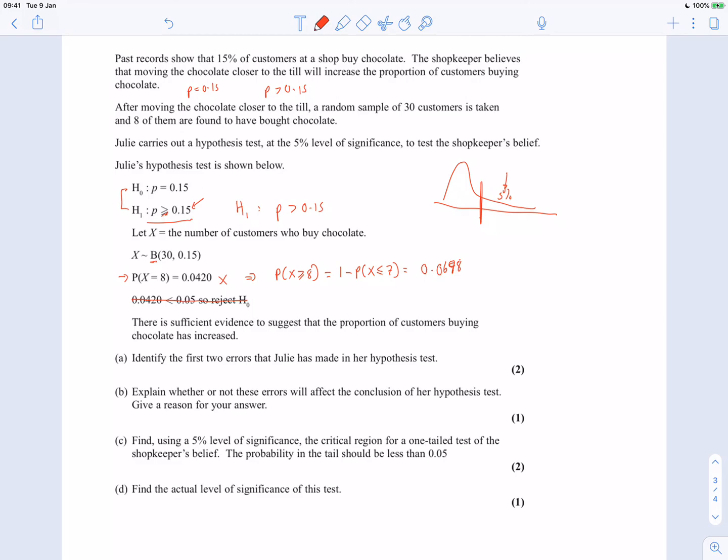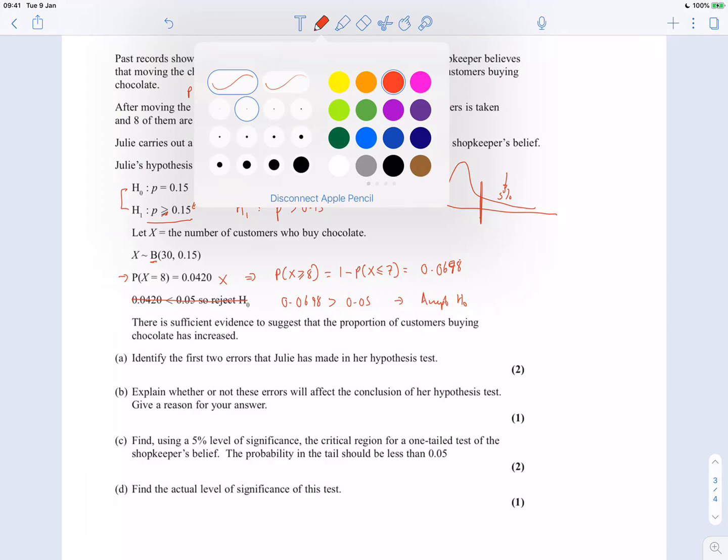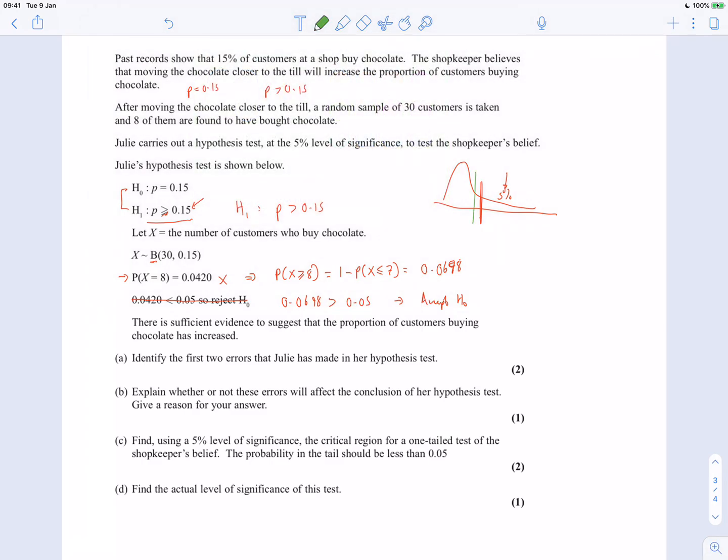In actual fact, 0.0698 is greater than 0.05, so what would actually happen is you would accept H0, because the 6.98% line would be here, right? Because this region is 6.98%, so it would be sitting nicely in the H0 acceptance region.